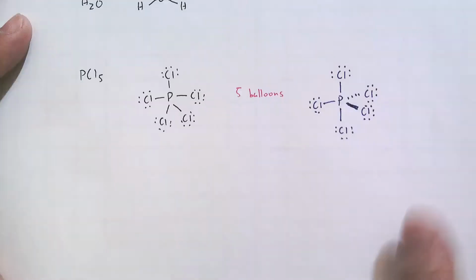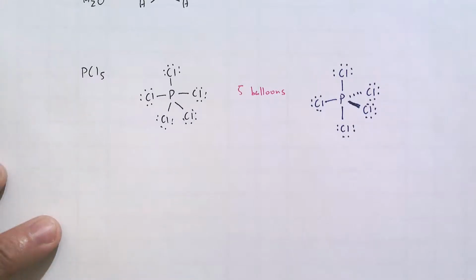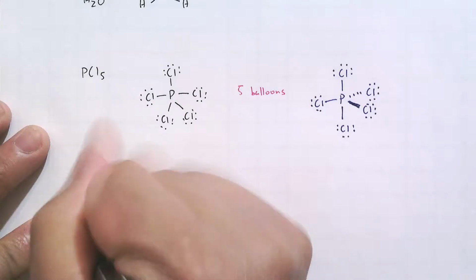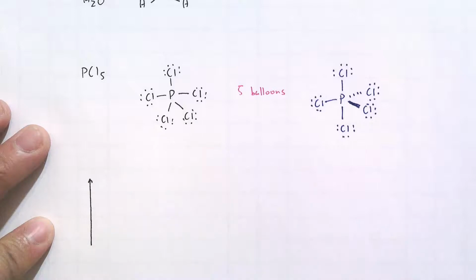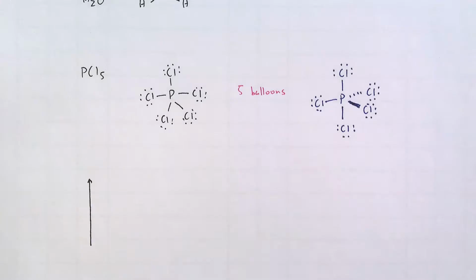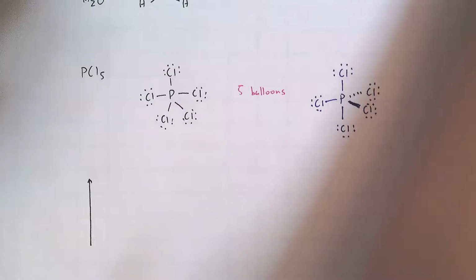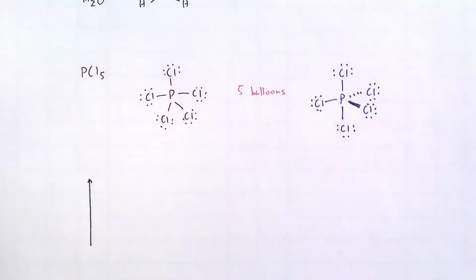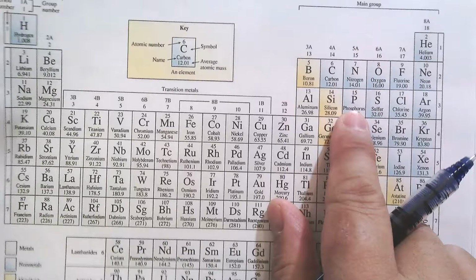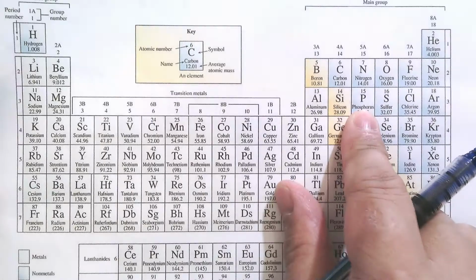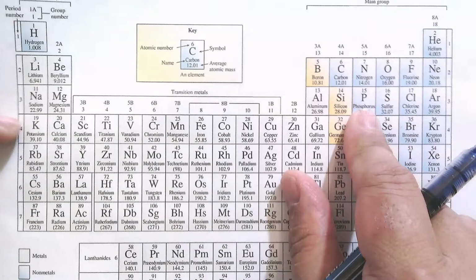Ooh, d orbitals. So, phosphorus is in the 3rd period. Where's my periodic table? Right there. So it has 3s orbitals here.